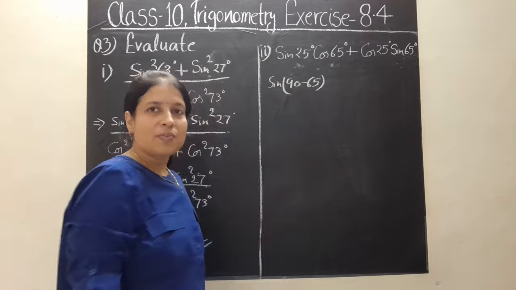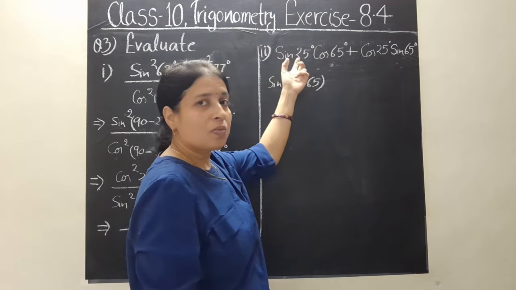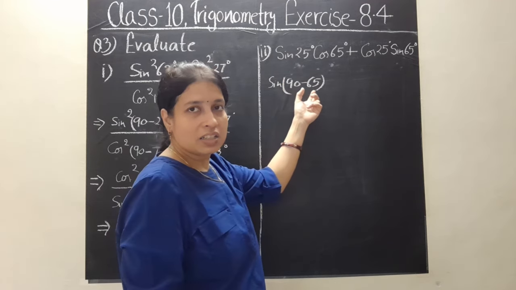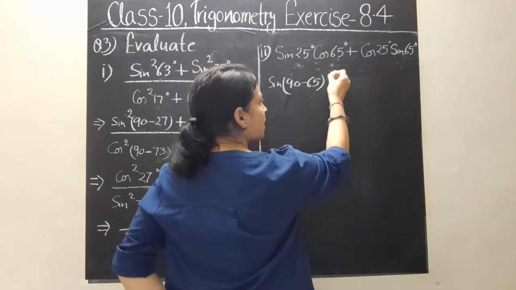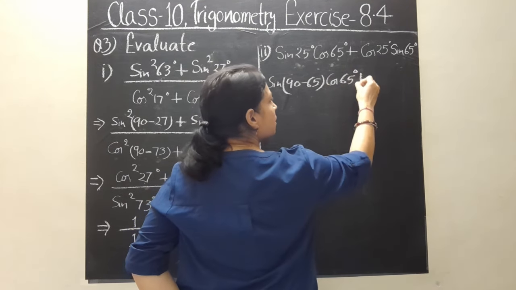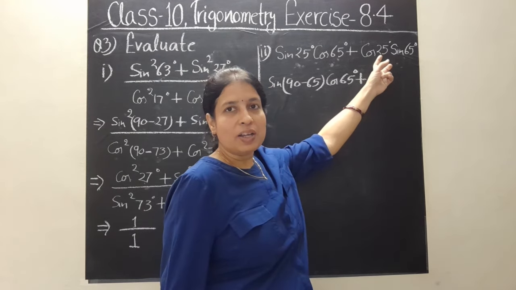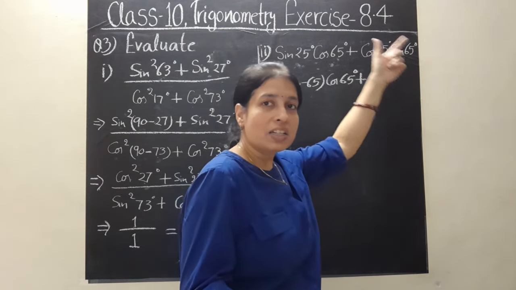90 minus 65 is equal to 25. So in place of 25 I have written here 90 minus 65, and write cos 65 as it is, plus, in place of here 25, we also write 90 minus 65.